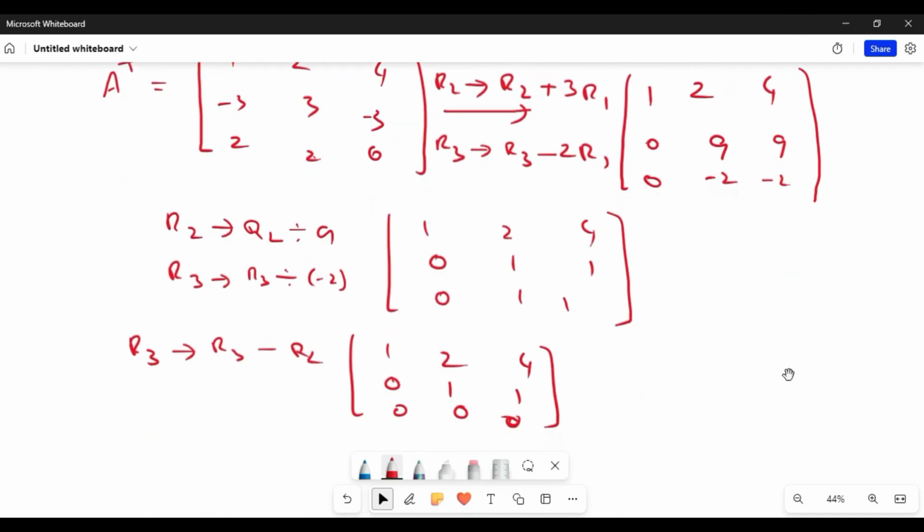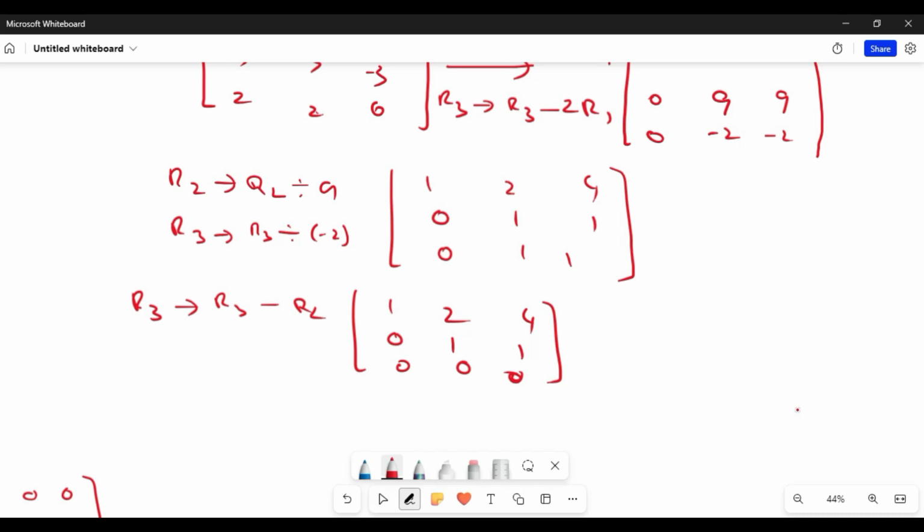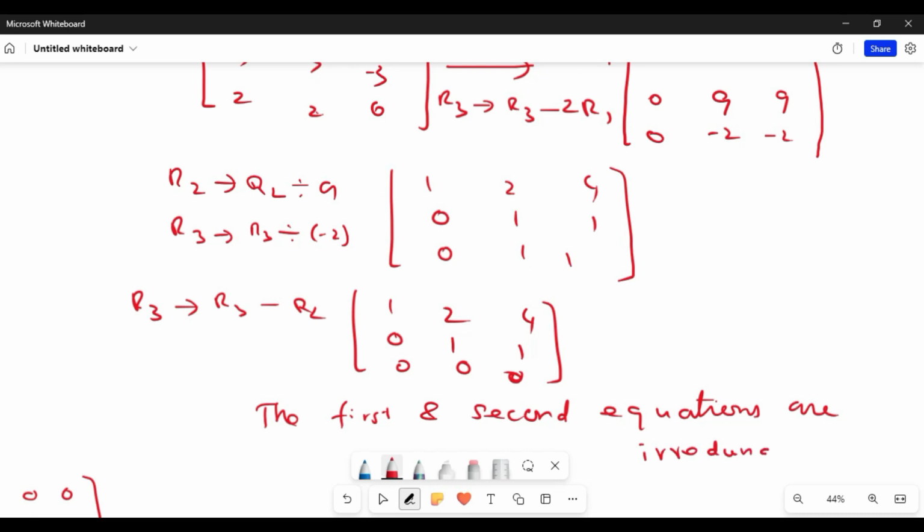So we can write here the first and second equations are irredundant. Okay, they are important, not trivial, not unnecessary rows. That's the end of this chapter. Thank you very much.